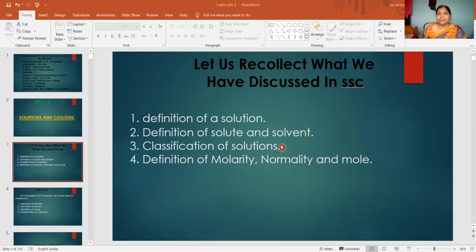Based on solvent, solutions are also classified into two types, that is aqueous solutions and non-aqueous solutions. You have studied different types of classifications of solutions, and the definitions of molarity, normality, and mole, in your lower classes.